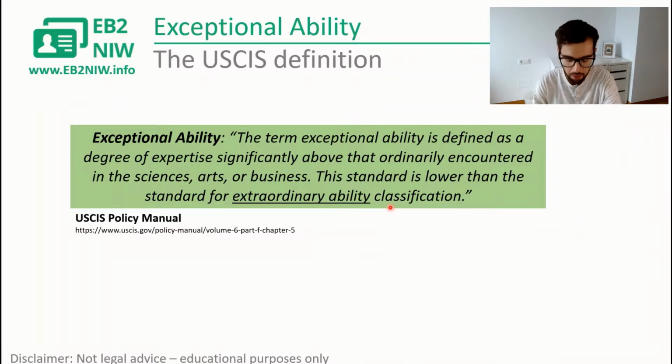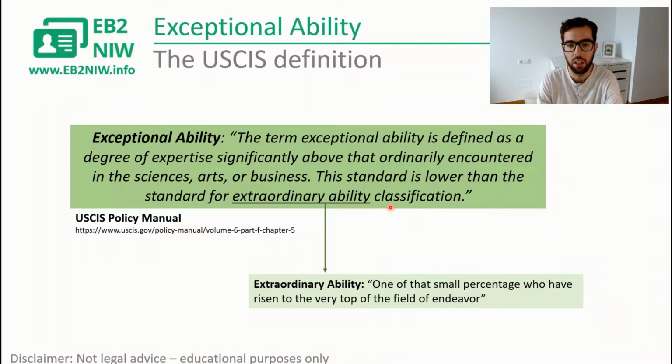So if you were interested in an EB1 application, then extraordinary ability means one of the small percentage who have risen to the very top of the field of endeavor. So here we see how USCIS treats extraordinary as someone that is really at the top of the field.